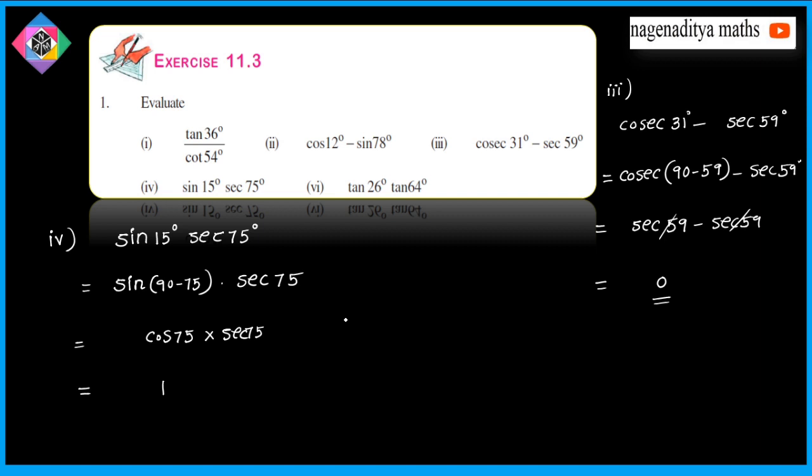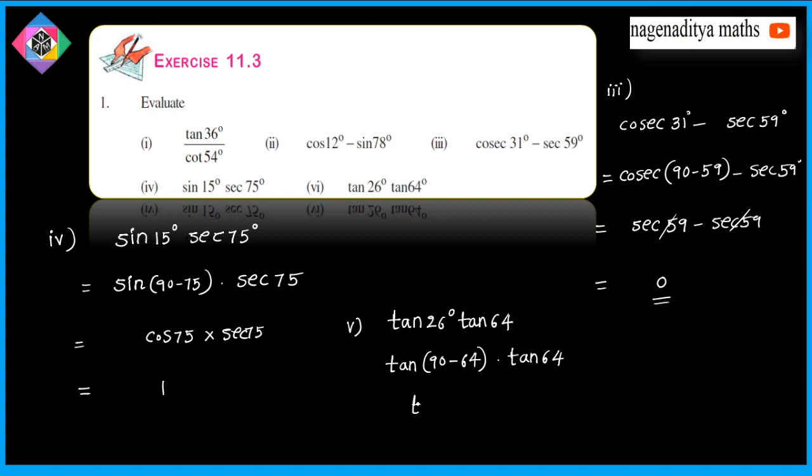Next, fifth one: tan of 26 degrees multiplied by tan of 64 degrees. So this can be written as tan of 90 minus 64, and this is tan 64. Tan of 90 minus theta can be written as cot theta.